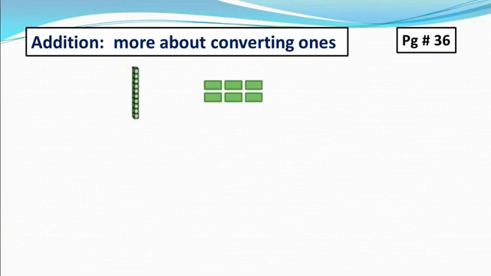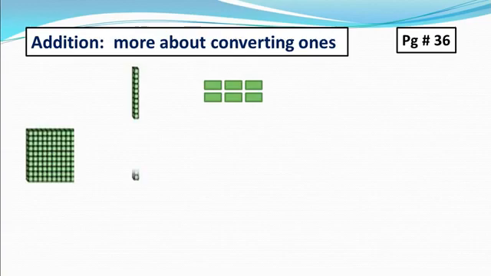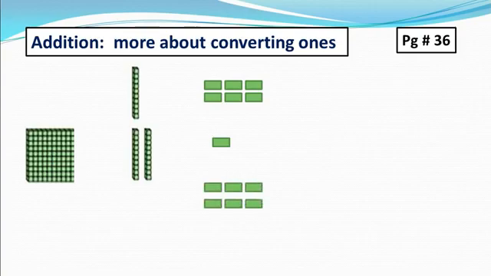Then there is one box of 100. Then 2 stacks of 10 and 1 one. Then there are 1, 2, 3, 4, 5, 6, 7, 8, 9 ones.